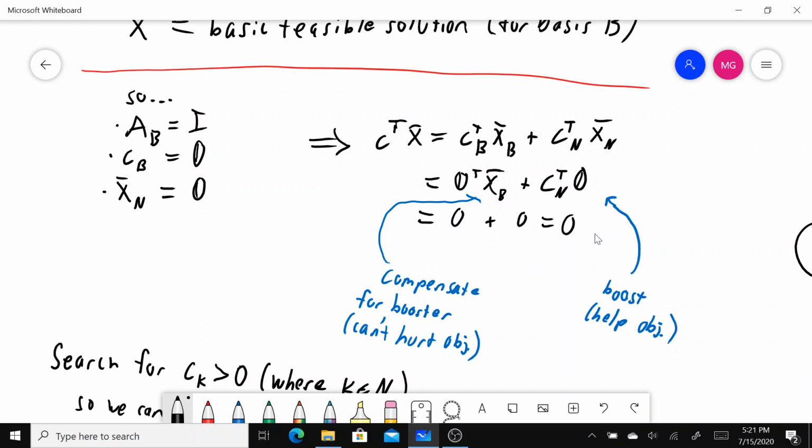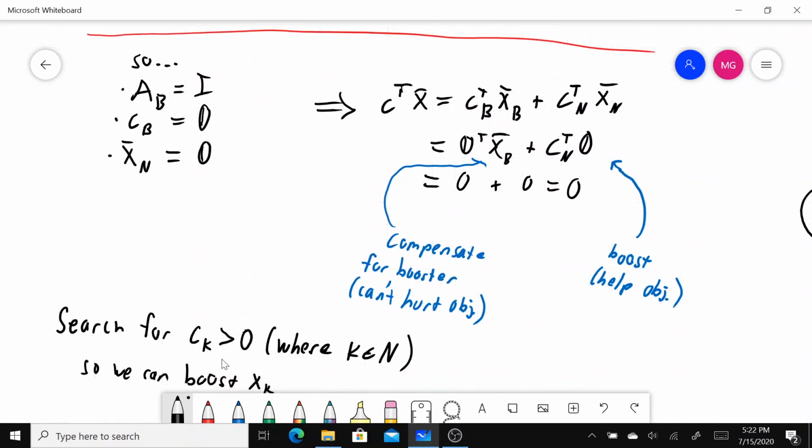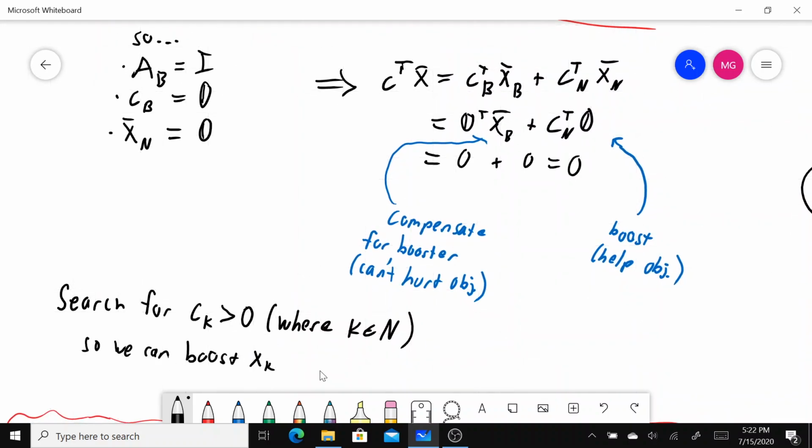And then the idea is that down here you search for a particular c_k which is positive. So for some index k, hopefully you'll find a c_k that's positive. And it's not going to be amongst the basic indices, because we already know that for the basic indices the c's are zeros. So it's going to be some non-basic index where we have a positive c. And then for the associated variable x_k, this particular index k, we're going to boost that variable. That's what I'll call the booster variable.